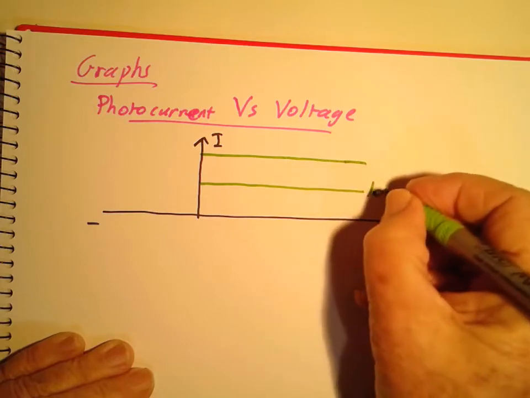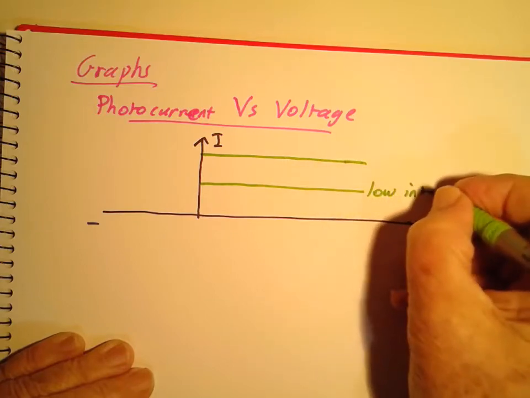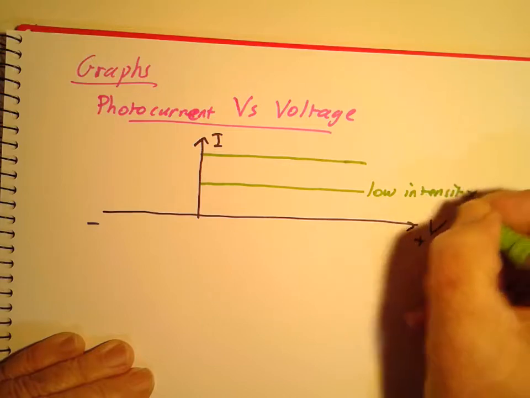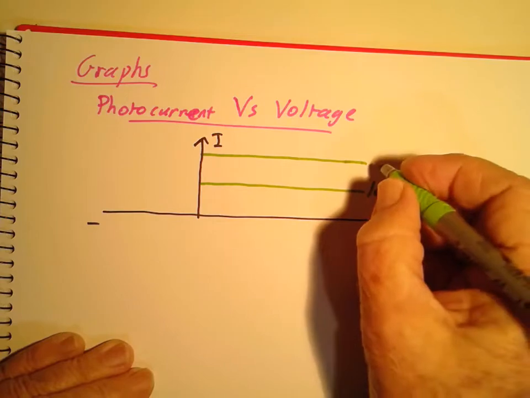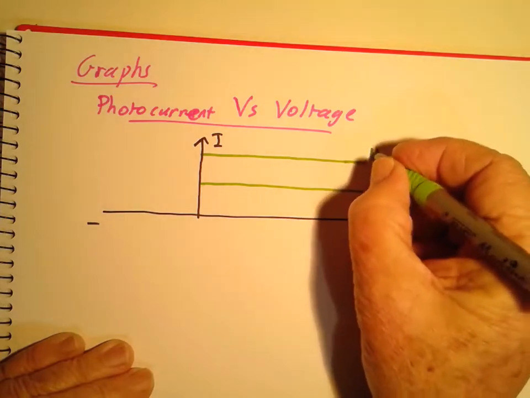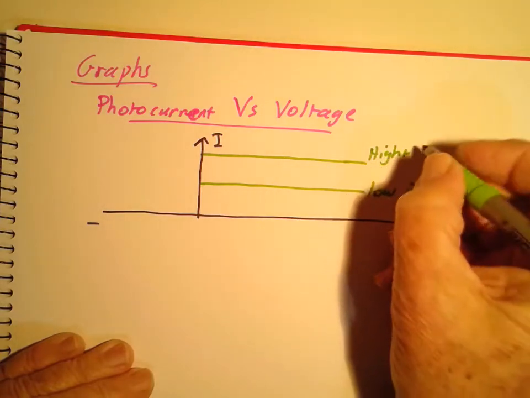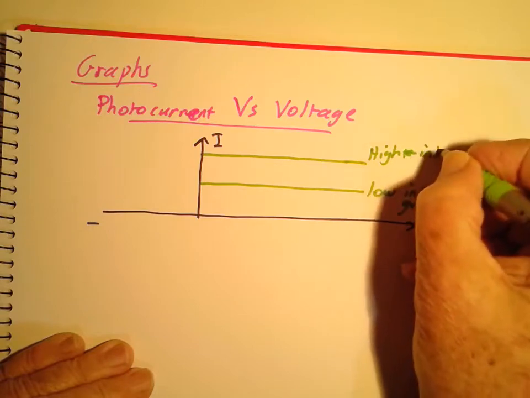So low intensity green, and high intensity green, so very bright light.